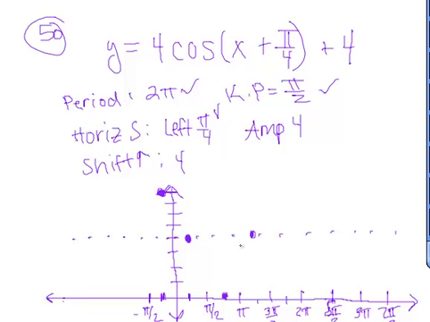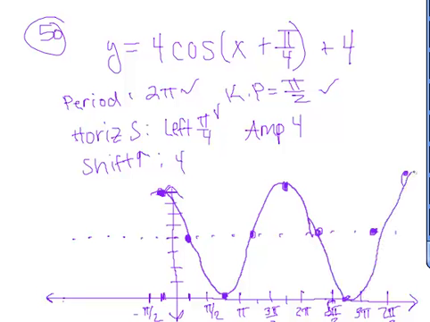Using my in-betweens, I'm going to go up to my maximum, back down to my center, down to my minimum, back up to my center, and then up to my maximum. So here is that cosine function that's been stretched vertically. It's also been shifted vertically, and it's also been shifted back, and there's 2 full periods right there. That's it.